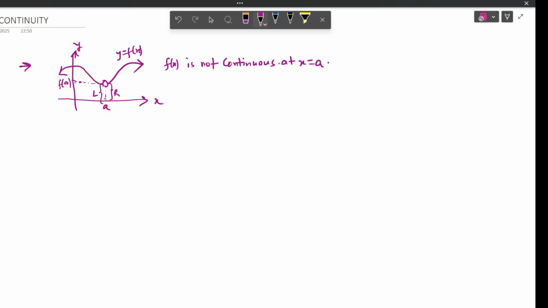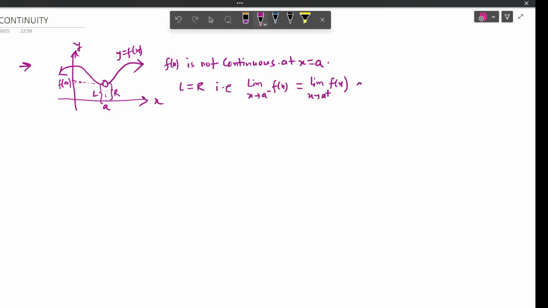So from the graph it is seen that L equals R, right? That is, we can say limit x tends to A minus f(x) is equal to limit x tends to A plus f(x). Okay, so left hand limit and right hand limit are equal.